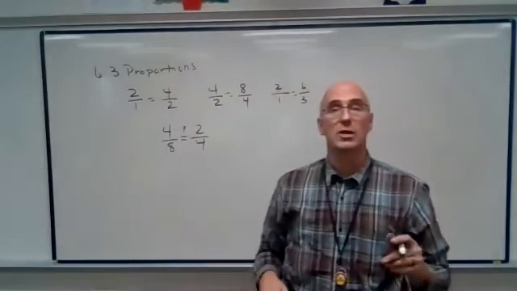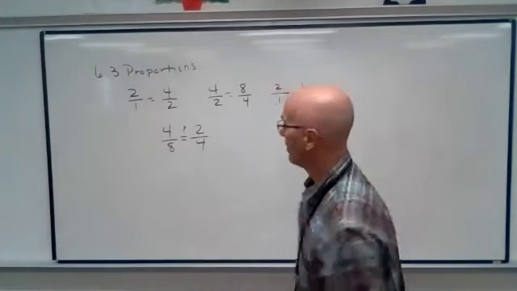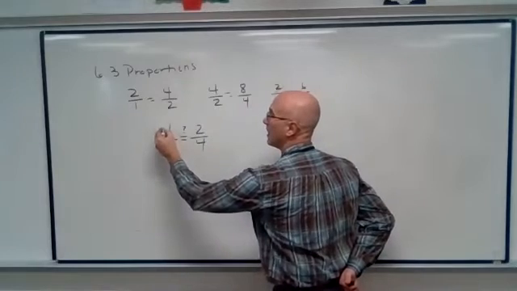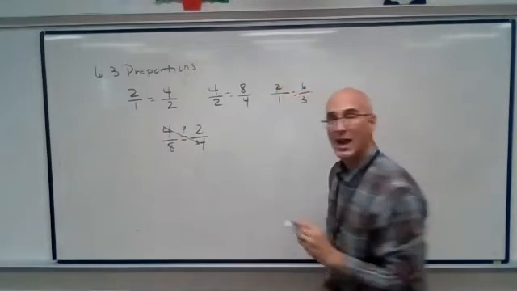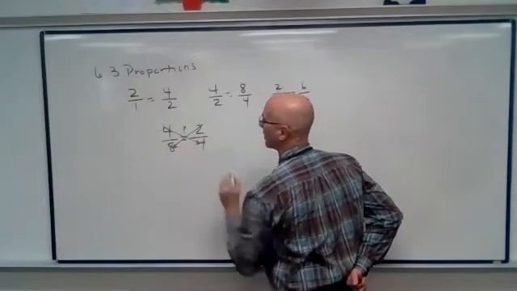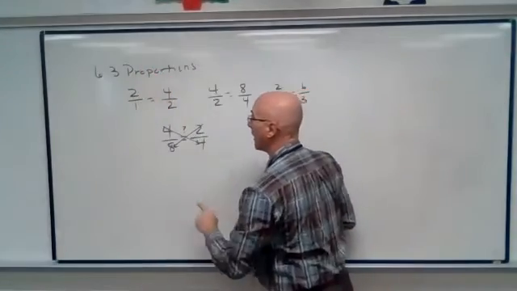What I'm going to do is cross multiply. I start at my first term here and draw an arrow diagonally. Then I do the same thing here, diagonally, going from top to bottom, and I multiply in that direction.